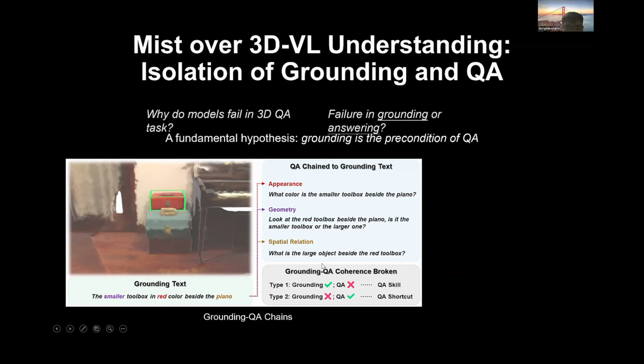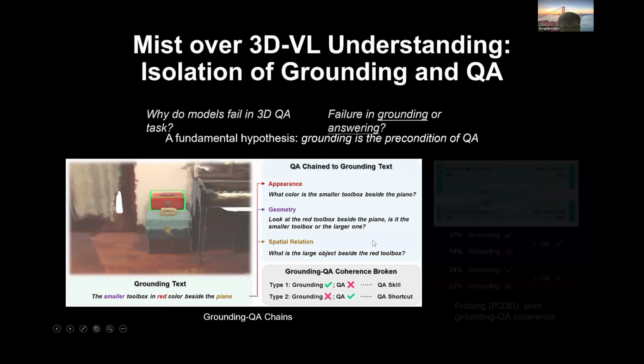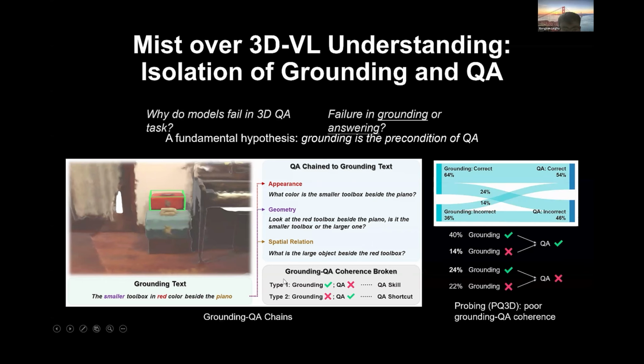With this grounding QA chain, we can also evaluate the grounding QA coherence, which means we will check if the model answers the questions with the correct grounding visual cues. And we propose two types of grounding QA coherence breakage.